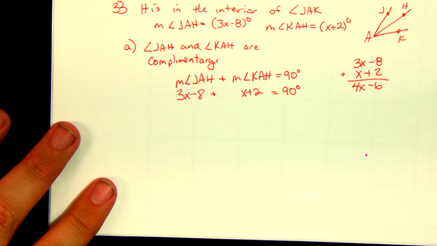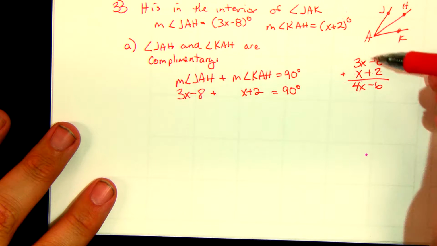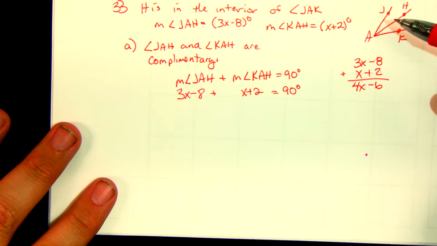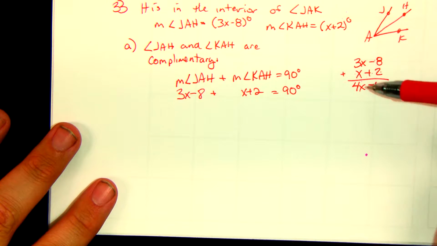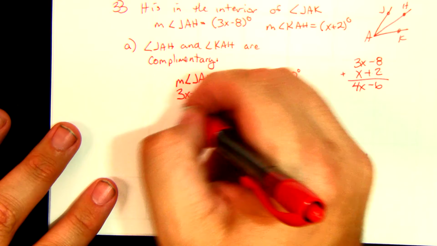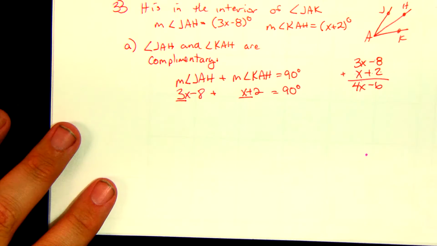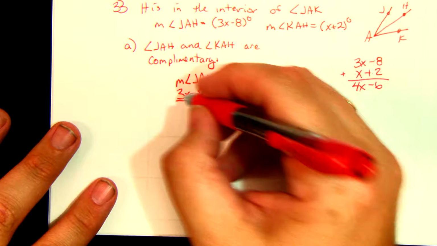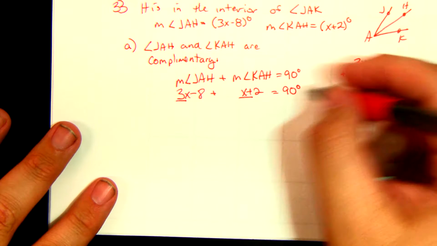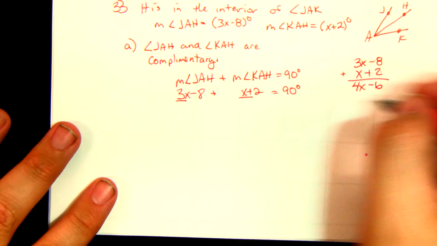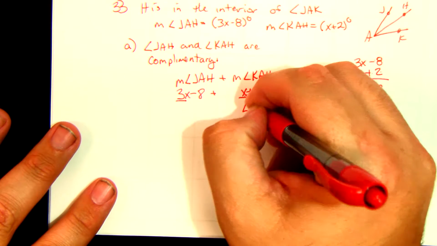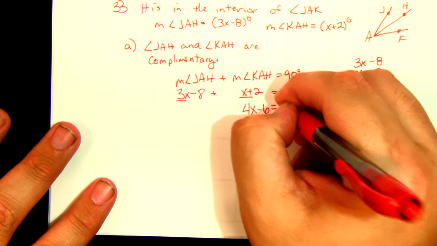Thank goodness they didn't put a square in there. We'd have to do factoring and all that kind of fun stuff. We don't want to do that yet. If you did this the other way, sometimes if it's easier, underline the common terms. 3x and an x gets you to a 4x. Negative 8 plus 2 is a negative 6. So I got 4x minus 6 is equal to 90 degrees.